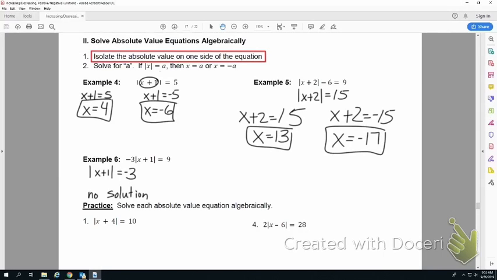It's no solution. Okay? It does not matter. Make sure that you know what is giving me this, okay? I've got the absolute value of something equal to negative something. Okay? I don't care what's in there. That gives me no solution.